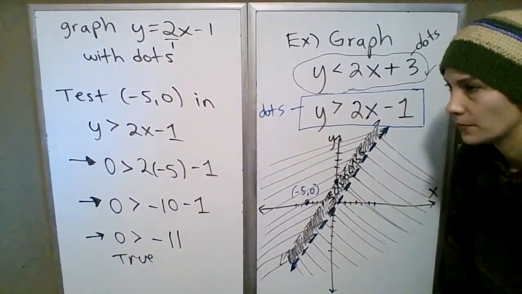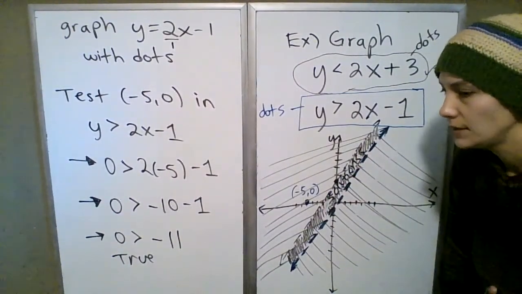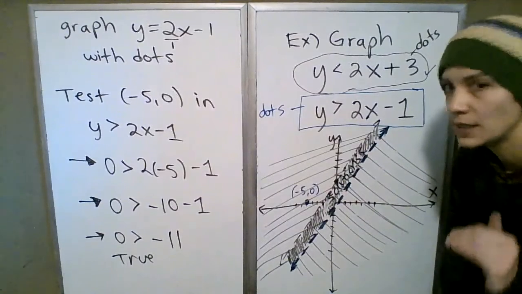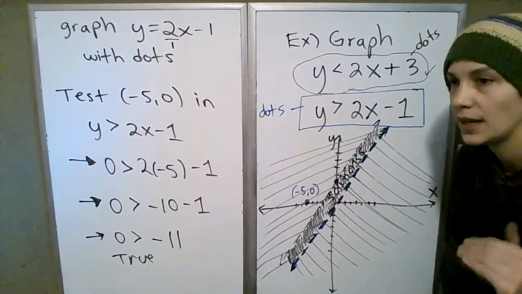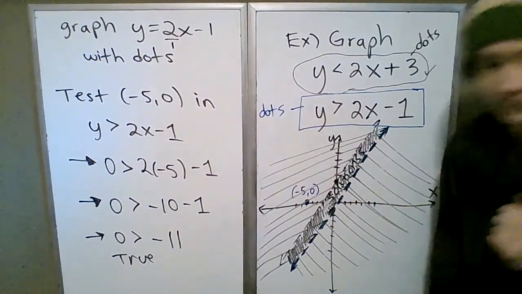Okay, next one is going to have, let's say the system is x less than 4 and y greater than -1.